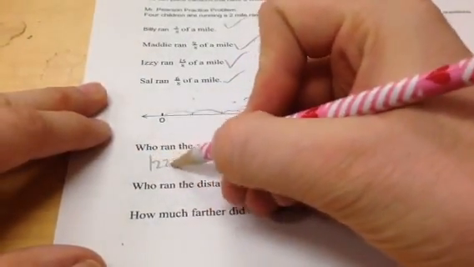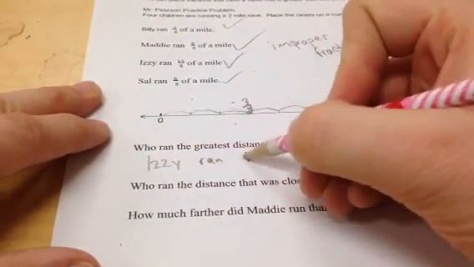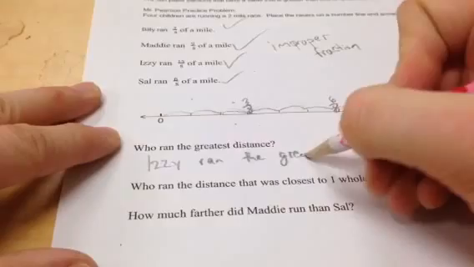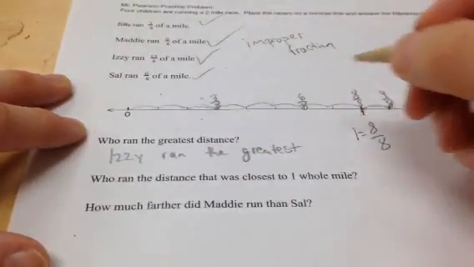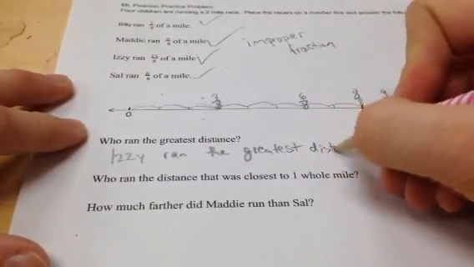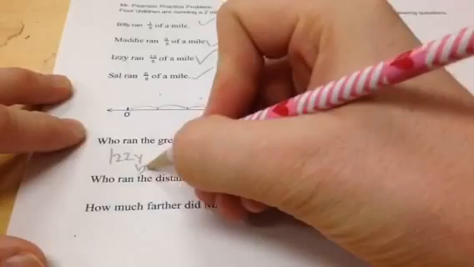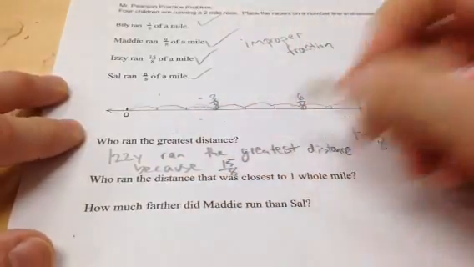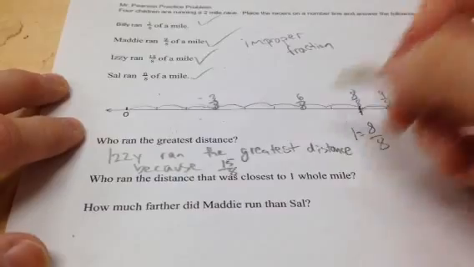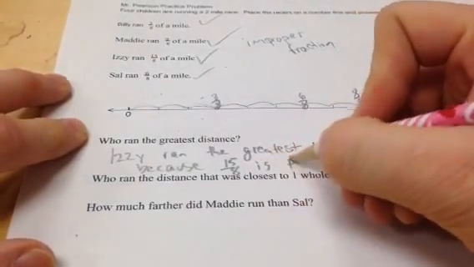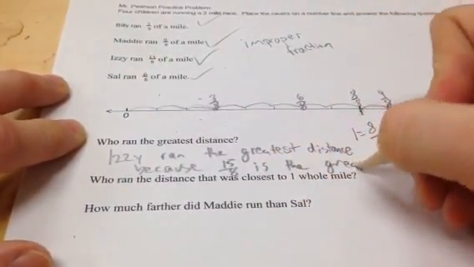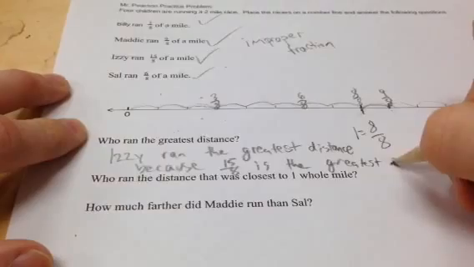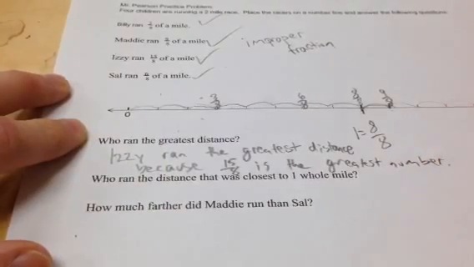Izzy ran the greatest distance because 15/8 is the greatest number. It's almost all the way to 2 wholes.